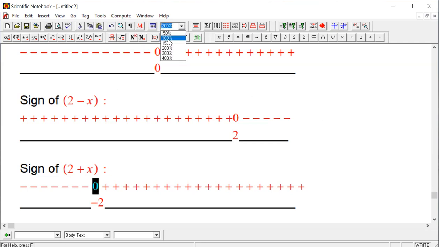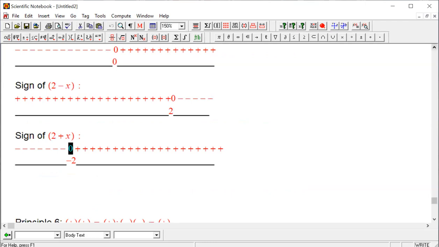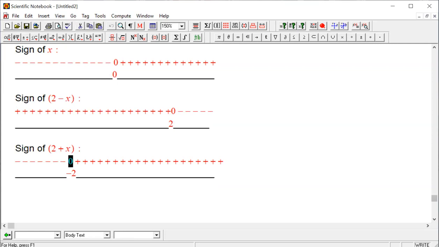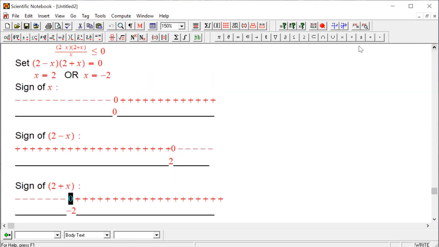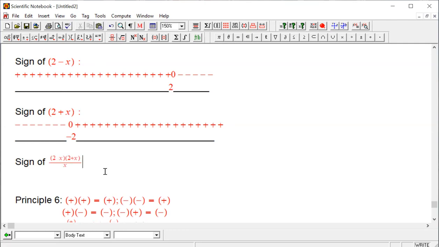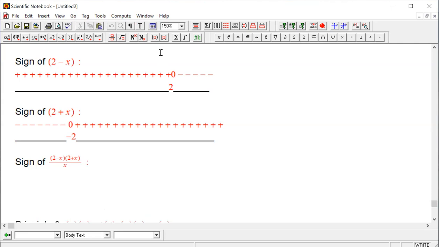Okay, so let me make the font just a little bit smaller so we can see more. Okay, so these three. And next, we're going to look at the sign of the quotient. The sign of this quotient. Okay, what is the sign of this quotient?